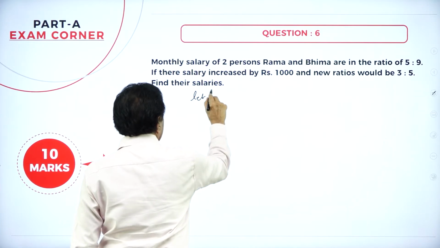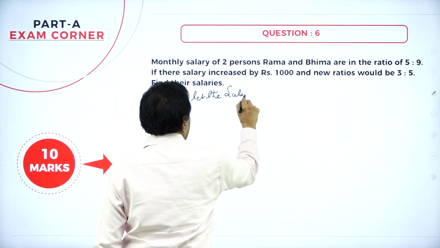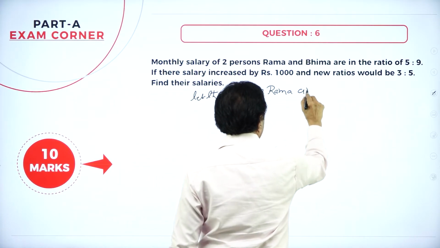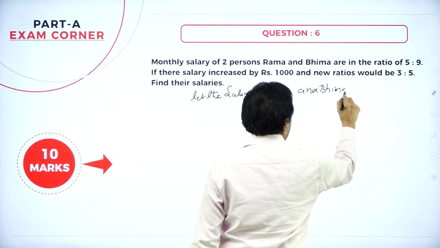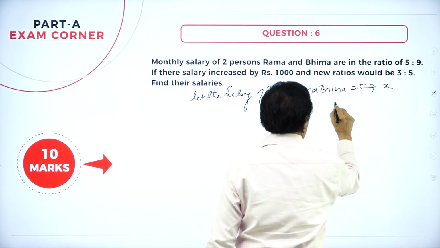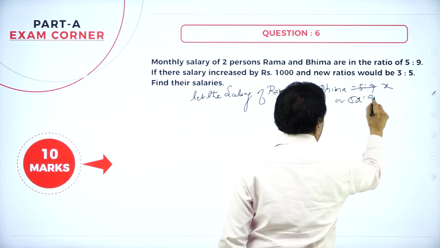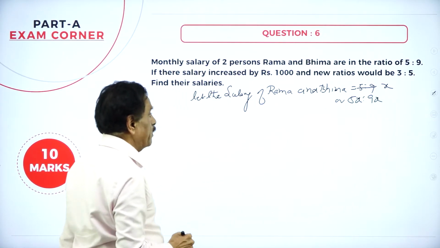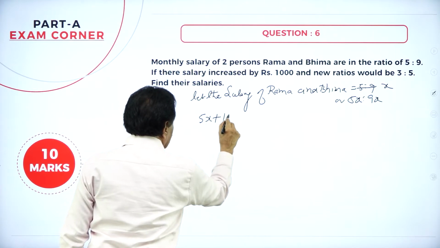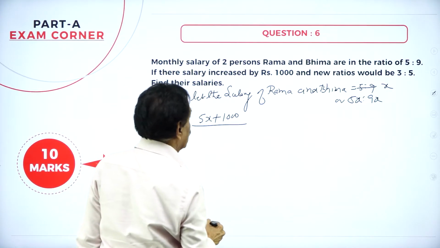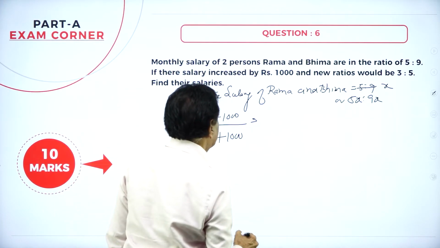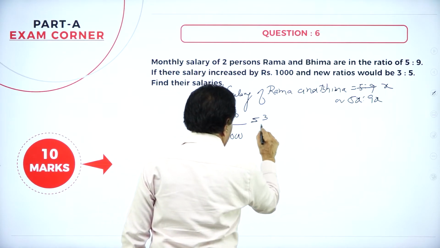Let the salaries of Rama and Bhima be 5x and 9x. Increased by 1000, that is (5x plus 1000) divided by (9x plus 1000), equal to the ratio 3 by 5.